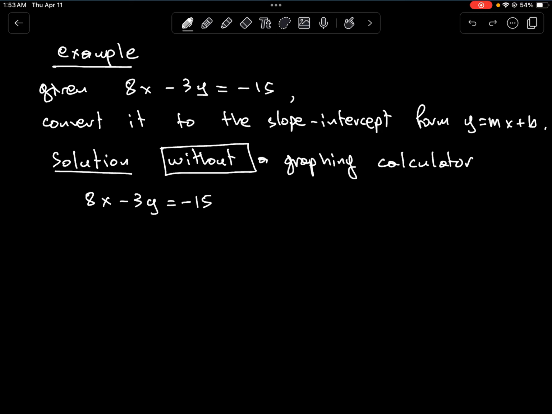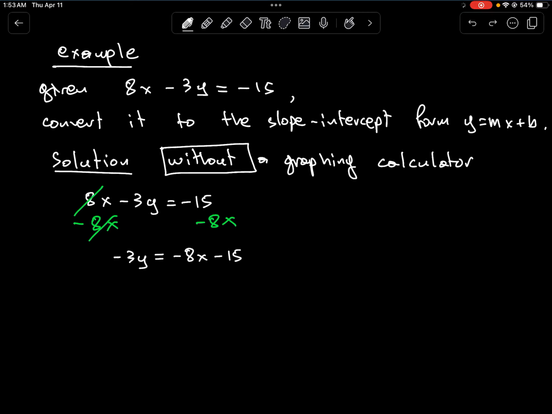So what do I do? How do I get rid of the 8x? Negative 8x, both sides. That's going to cancel, and then I have negative 3y equals negative 8x, negative 15. Those cannot be added or subtracted, they are not like terms. Done with crossing the bridge.